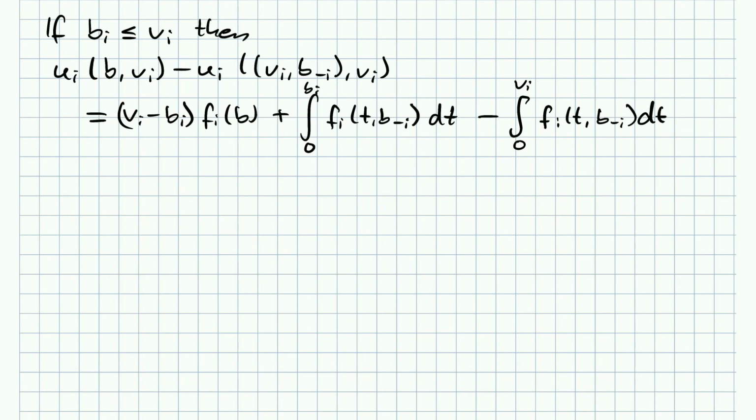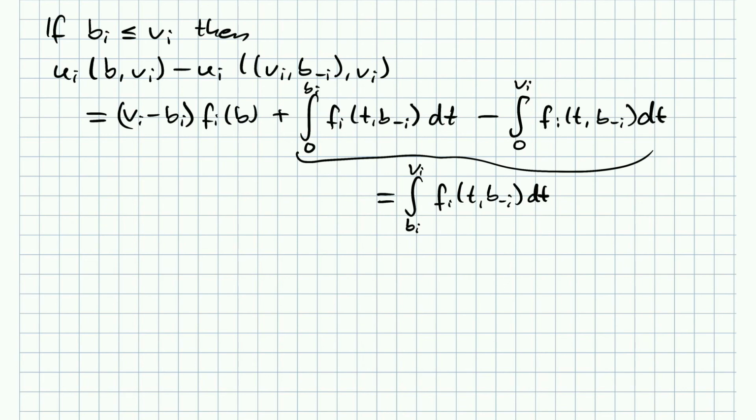And what we're now seeing is that here, this is of course the integral from bi to vi of fi of (t, b minus i) dt. And how much is this?